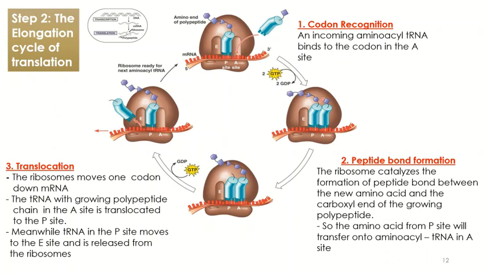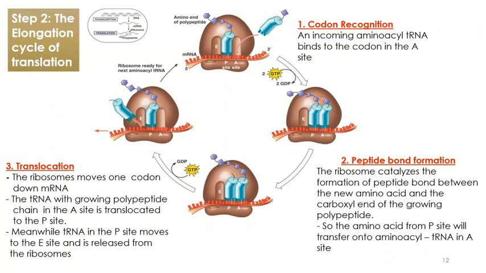The amino acid group that has been formed at the P site will jump onto the amino acid that newly arrived at the A site. So the polypeptide from the P site will transfer onto the amino acid tRNA in the A site.